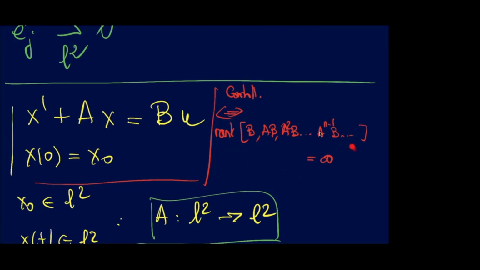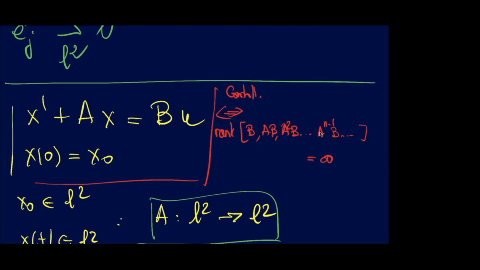Do you think that this condition suffices for the controllability of the system? Do you think that the rank being infinity will be sufficient to analyze whether the system is controllable? Of course, the definition of controllability is the same, right?